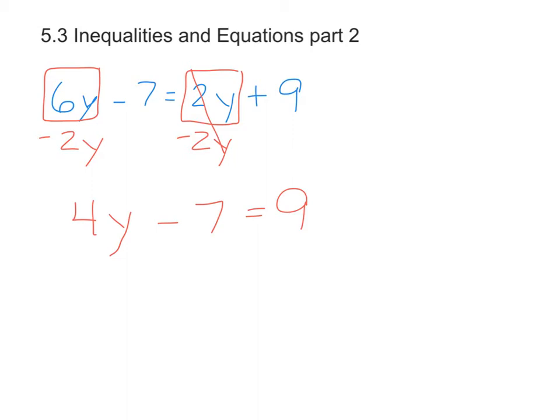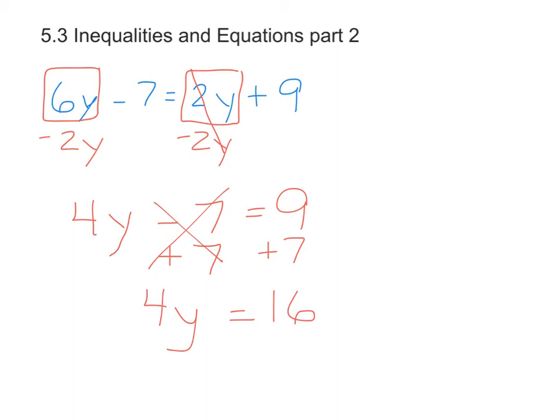So I'm going to add 7 to this side, because if I was behind by 7, like 7 in the hole, and I come up 7, that'll put me at 0 so that those guys go away. And so I just have 4y left over here. But to keep it balanced, I have to add 7 to this side too. So that'll give me 16.